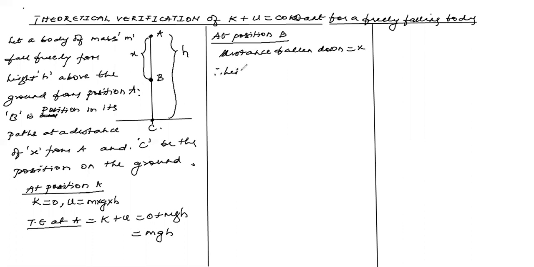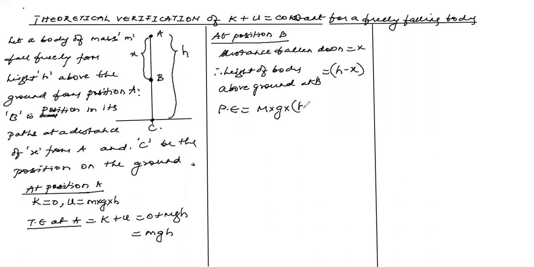Therefore, the height of the body above the ground at B equals, shall I do h minus x? H is the total distance and it has fallen a distance x from the top. So naturally, what is the height of the body above the ground at B? H minus x. So what is the potential energy here? Potential energy equals m into g into height, and the height is h minus x. So this is nothing but mgh minus mgx.